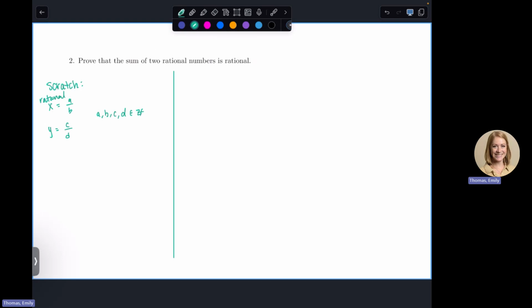And what else is true about them? b and d don't equal 0. Good. What is it that we're trying to show? We're trying to show that a over b plus c over d is a rational number. Let's do x plus y equals int over int. Is that cool?